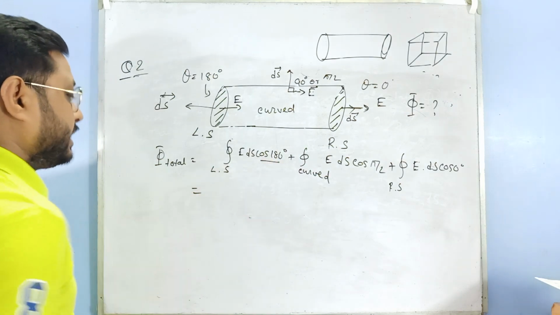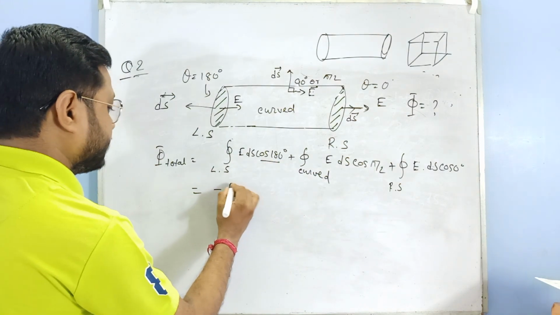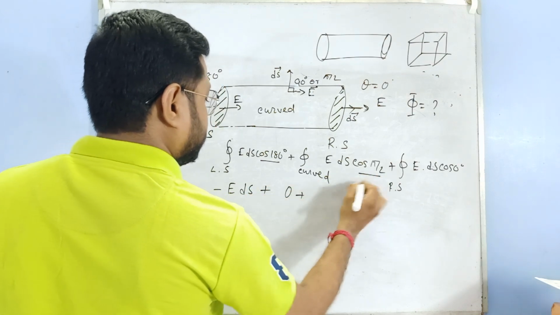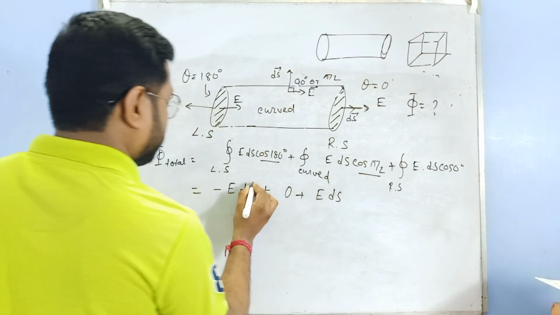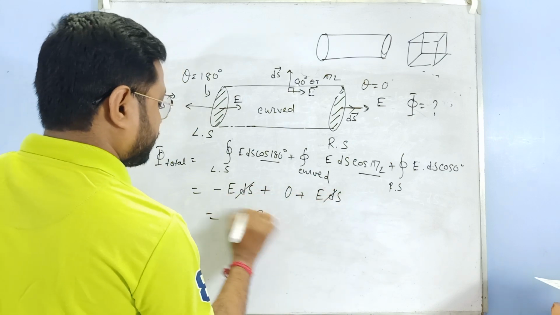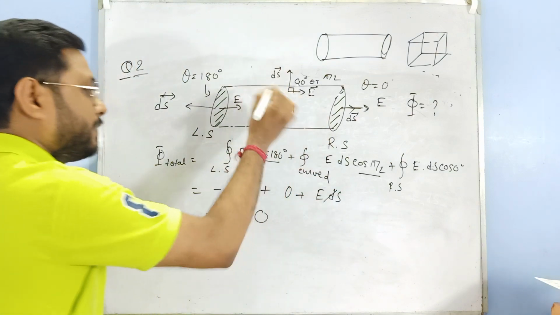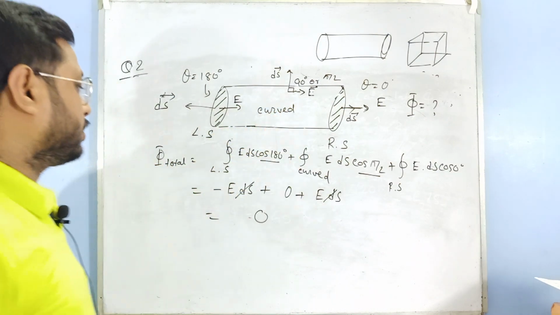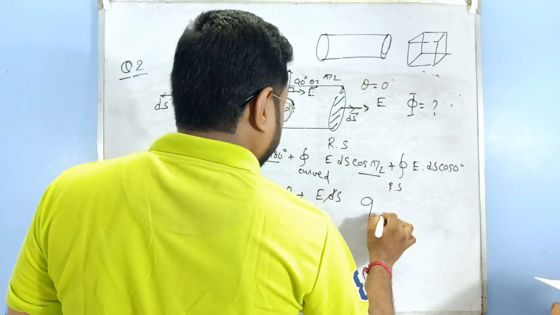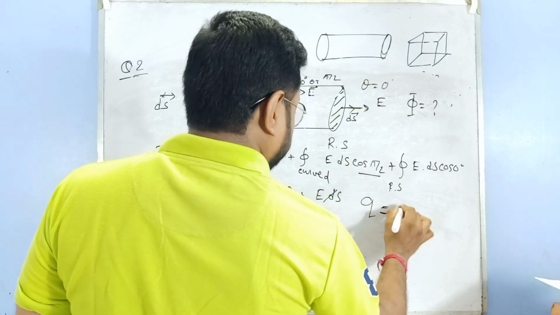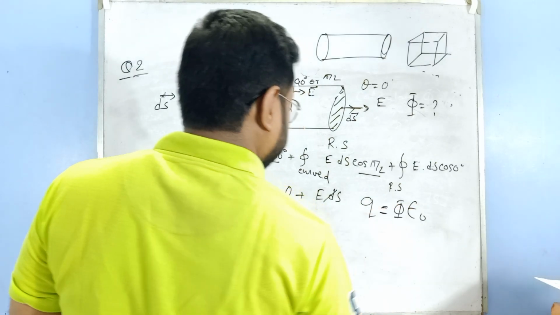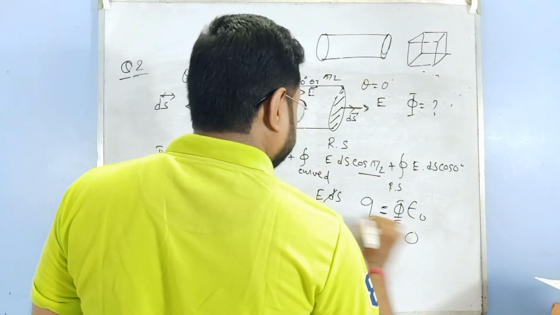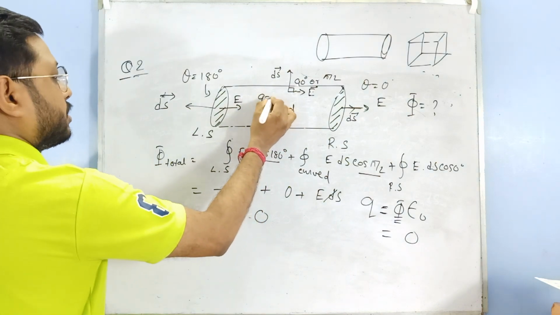Now cos 180 is minus 1, so we get minus E ds; cos pi by 2 is 0; and this is plus E ds. So minus E ds plus E ds is cancelled. The total flux is 0. So the total flux inside this cylinder is 0. The total charge Q must be phi into epsilon naught, because phi equals Q by epsilon naught as per Gauss theorem. So if phi is 0, then the total charge is also 0. So here Q is also 0.